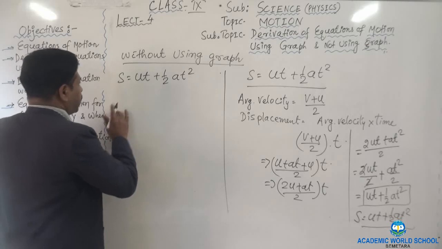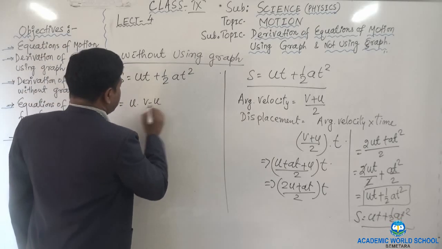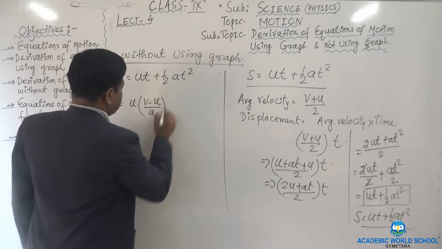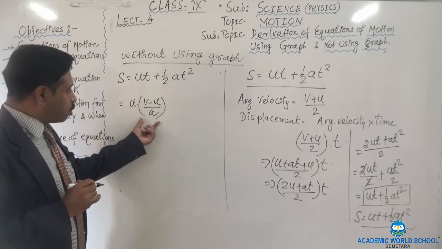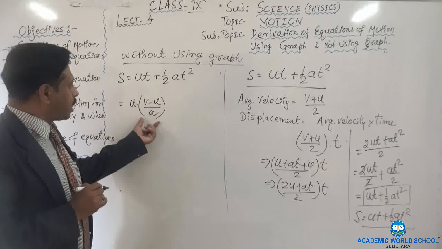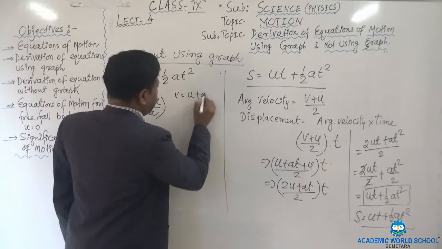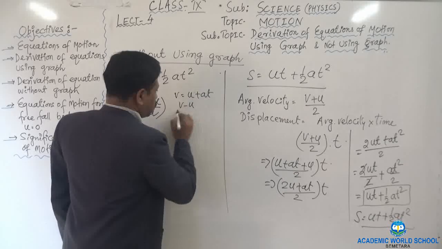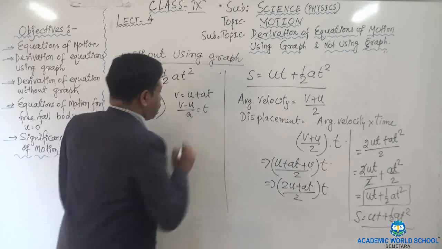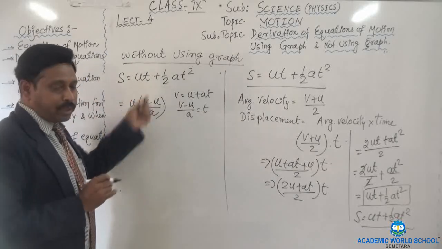Same thing I have to put here: u into (v minus u) upon a. Again I want to repeat how I got (v minus u) upon a. V equal to u plus at, so (v minus u) upon a is equal to t.